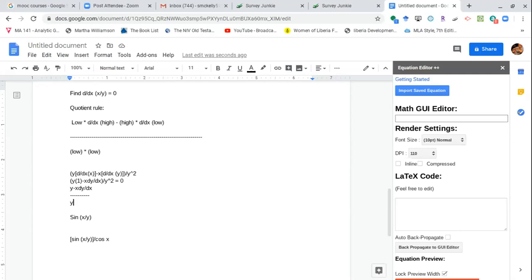But if it's something else, then you've got to move the function. You understand? Is that better now?